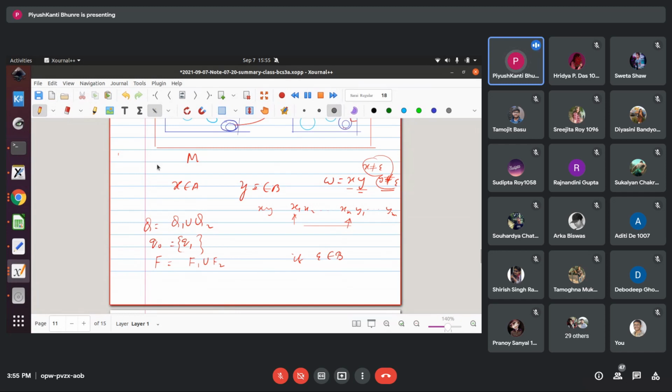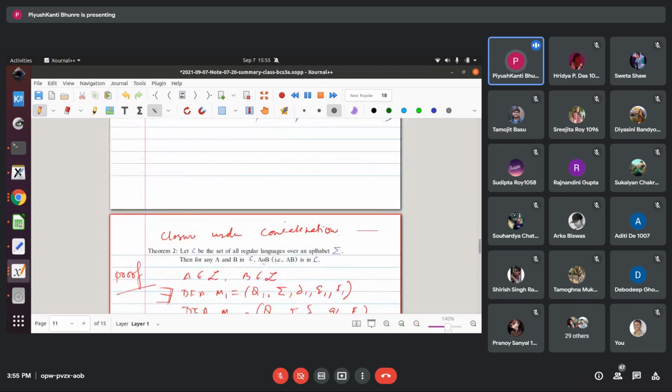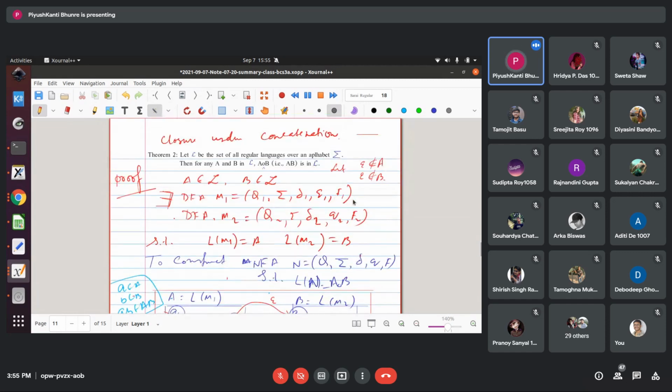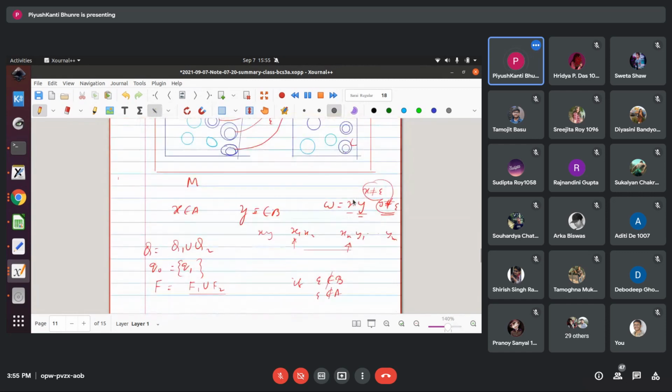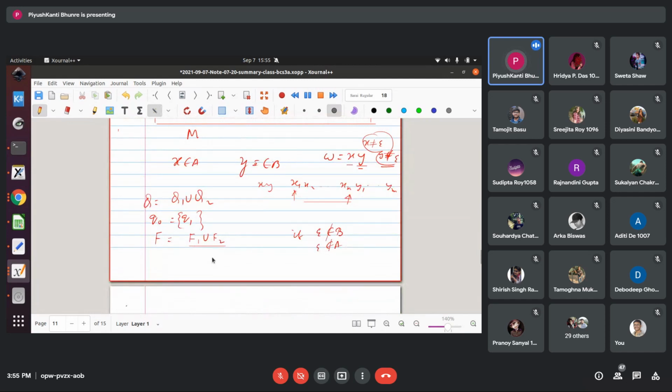Otherwise, if we assume that epsilon doesn't belong to either A or B, so all elements of A and B are non-empty strings, then we can assume epsilon does not belong to A and epsilon does not belong to B. Then we include F1 union F2, and it is done.